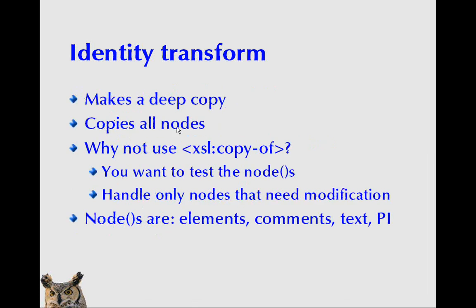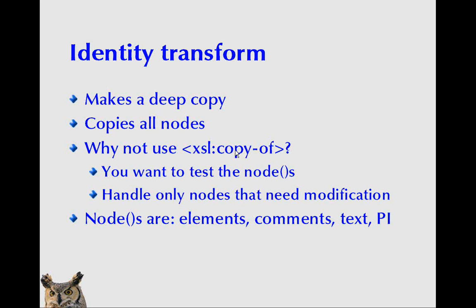The identity transform, as I said, makes a deep copy. That is, it starts from the top and copies all the way down to the bottom until it runs out of nodes to copy. It copies all nodes. Now, if you're slightly familiar with XSL, you may know that there's XSL copy and XSL copy-of. The question is, why not use copy-of? Well, copy-of is fine when all you want to do is replicate the entire document. But we've got file systems for doing that.